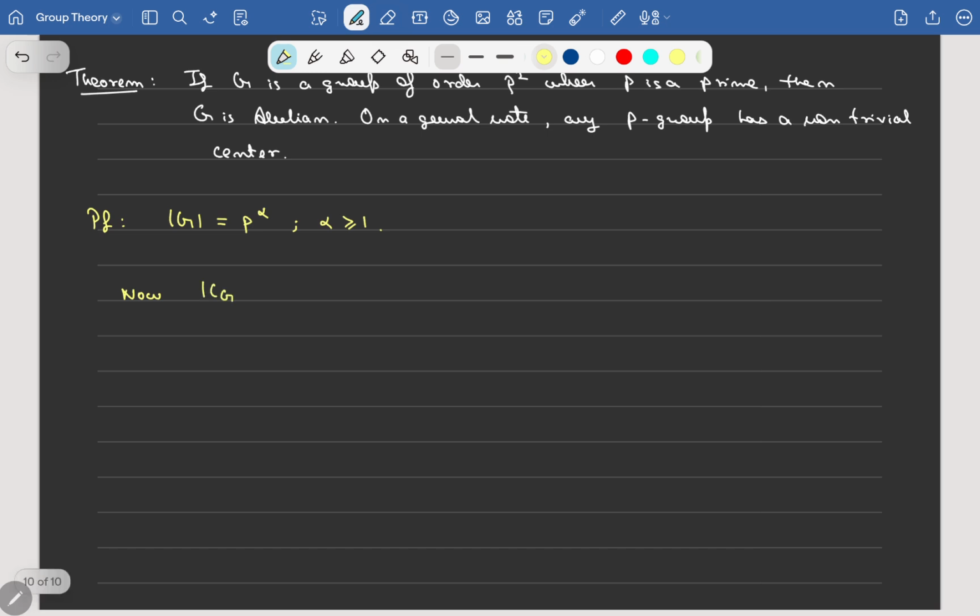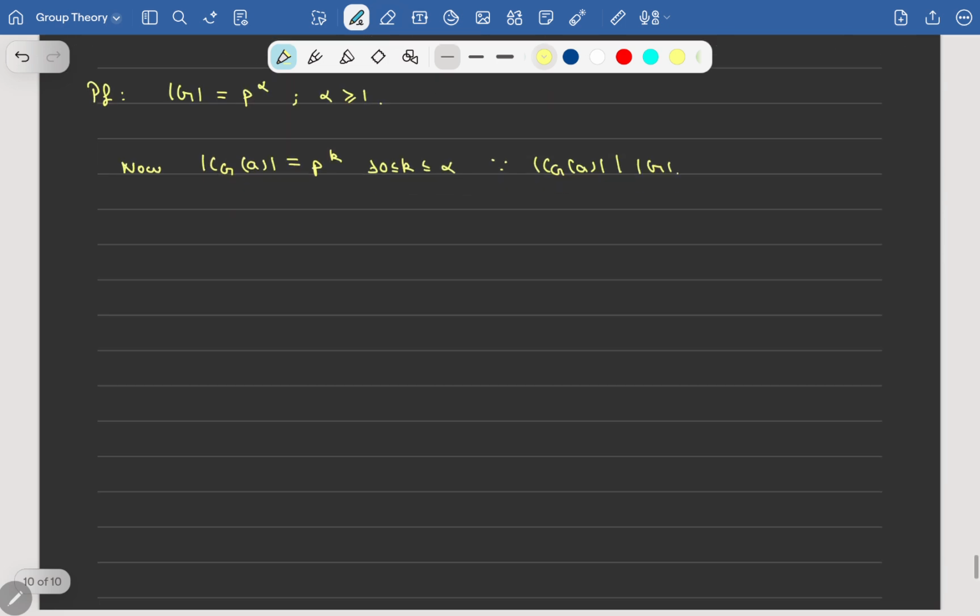So the order of the centralizer of any element in G will be of the form p to the power k, such that k is greater than or equal to 0 and less than or equal to alpha, since this divides the order of G.